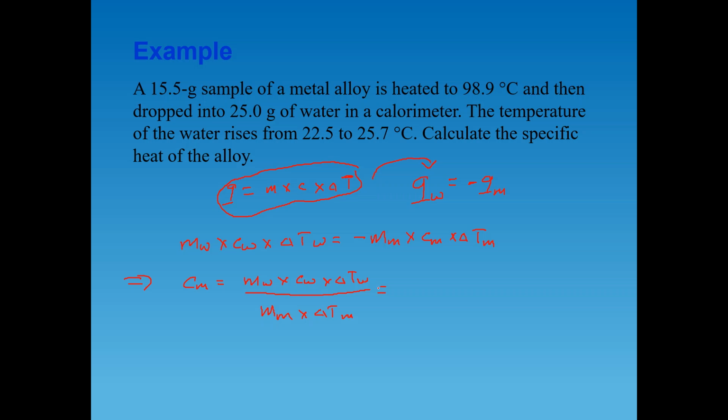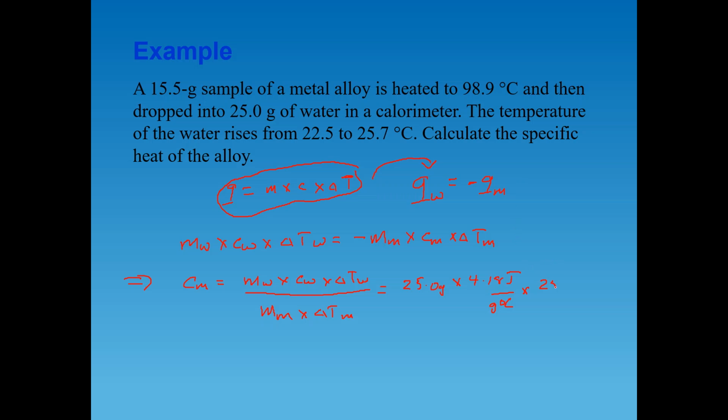So let's start off with the mass of the water, which is 25.0 grams. Then the specific heat of the water, which we already know to be 4.18 joules per gram degree Celsius, times the change in temperature of the water. According to the question, the temperature rises from 22.5 to 25.7 degrees. Remember, it's always the final temperature minus the initial temperature.